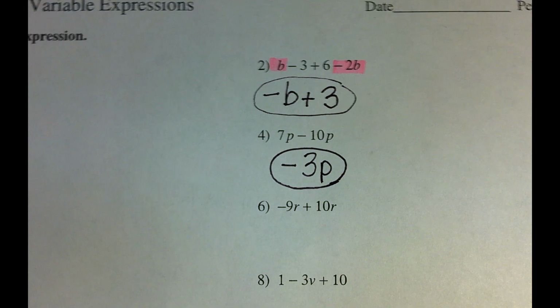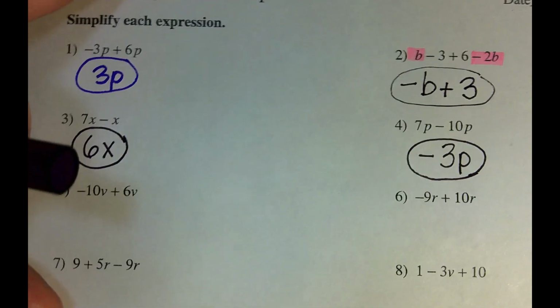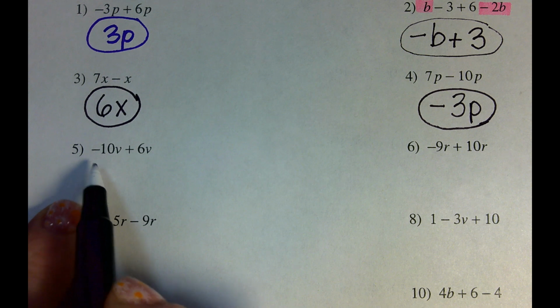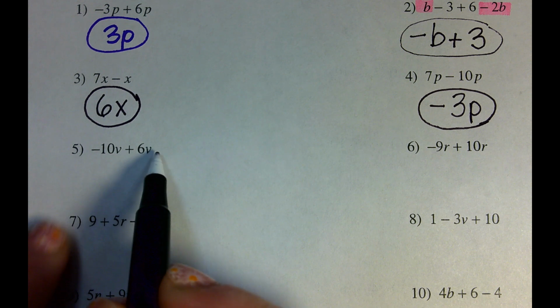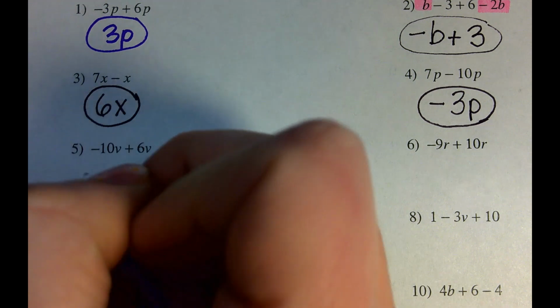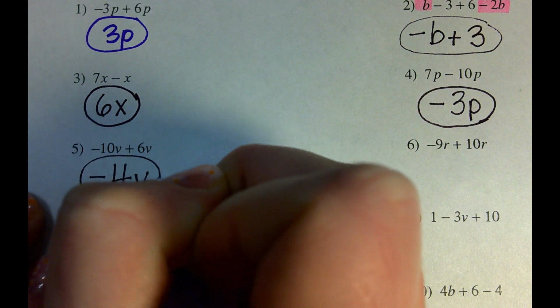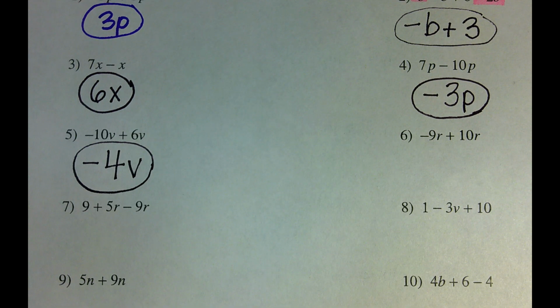Good. Okay, let's look at number 5. Negative 4V. Negative 10V plus 6V is negative 4V. Good. Very good. And remember, guys, if you have questions, stop me. I won't be upset. Stop me.